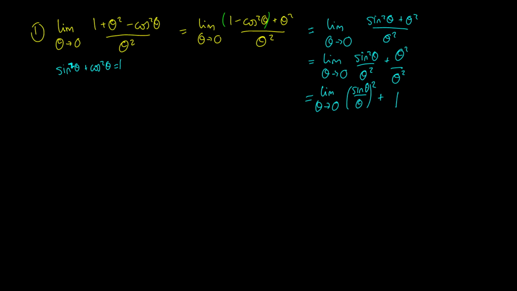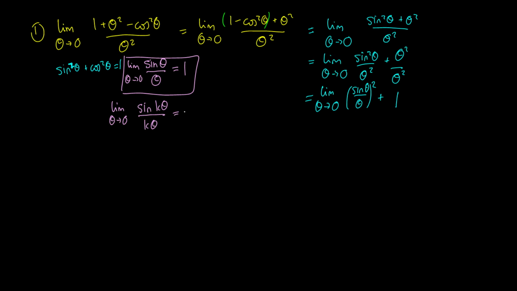Now what's interesting here, I'm not 100% sure if I mentioned this, but the limit as theta goes to 0 of sine theta over theta is equal to 1. This is a very important formula. In fact, to make it more general, the limit as theta goes to 0 of sine of k theta over k theta is equal to 1.